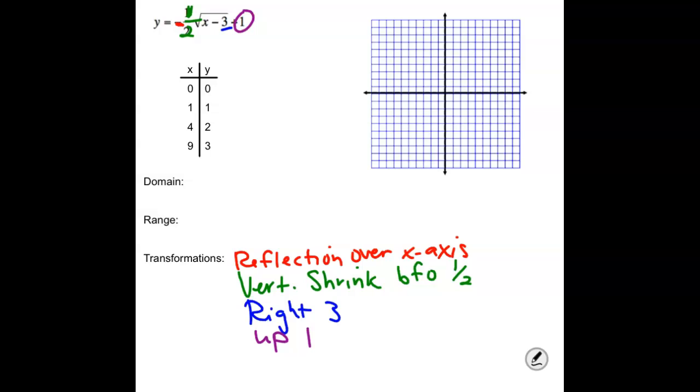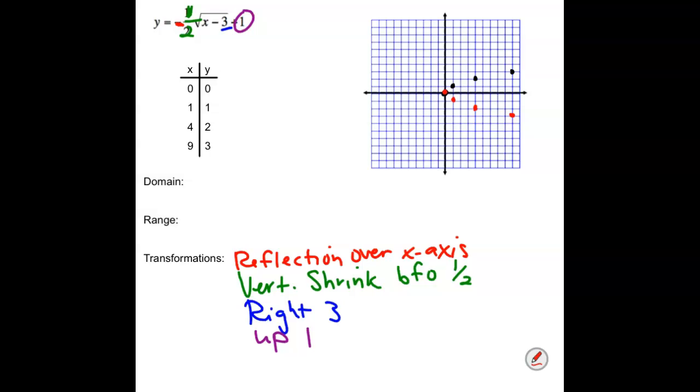I'm going to go ahead and plot my original points, 0, 0, 1, 1, 4, 2, and 9, 3. Okay, so we're going to reflect them over the x-axis. So it's going to turn them into this, down 1, down 2, and down 3 instead. Okay, so my curve has now been flipped upside down.